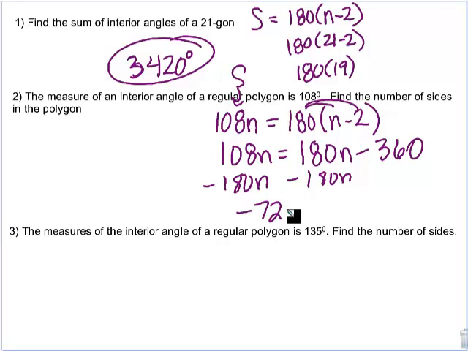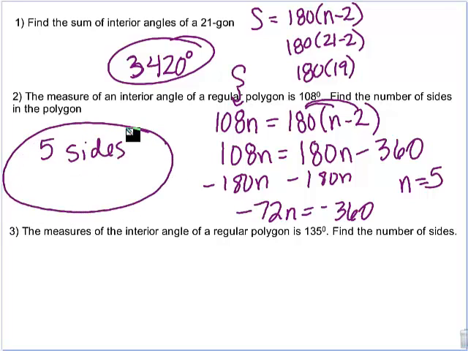So we have negative 72n is equal to negative 360. So then what do we do? Divide by negative 72, so what's your n? 5. So this is 5 sides. 5 sides is otherwise known as a pentagon.